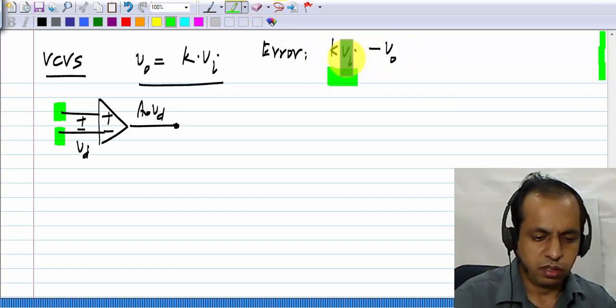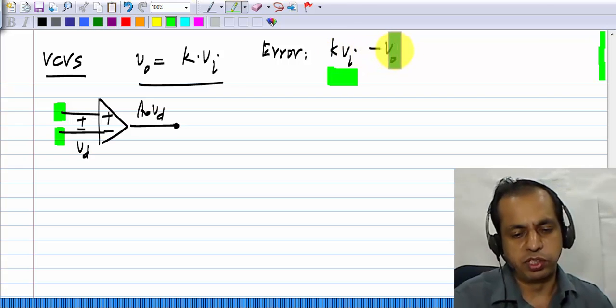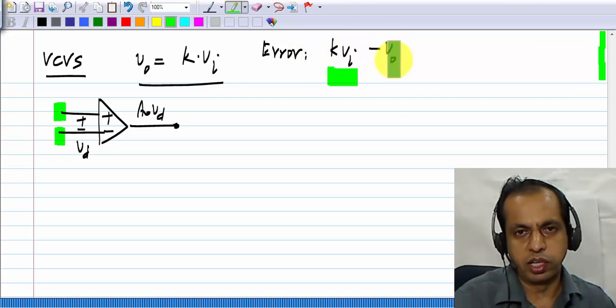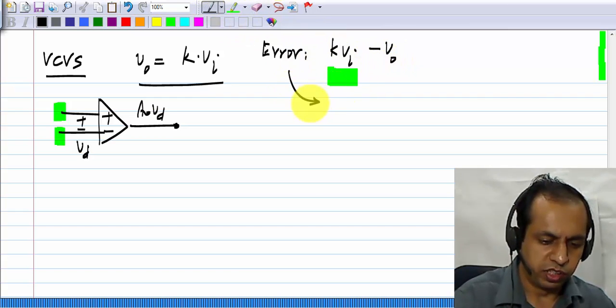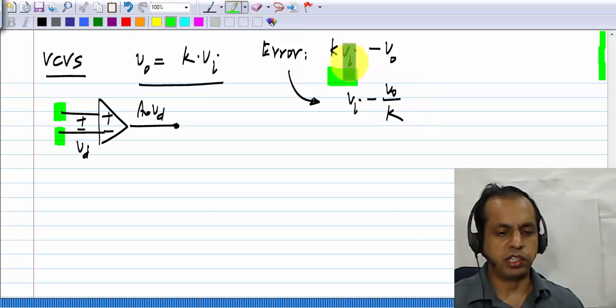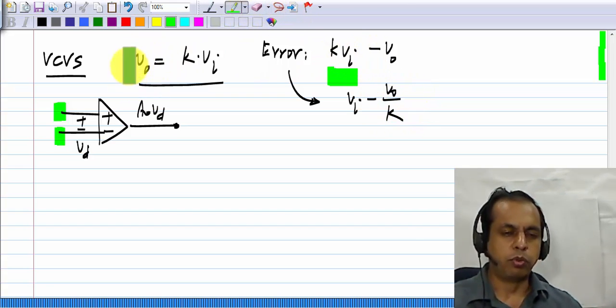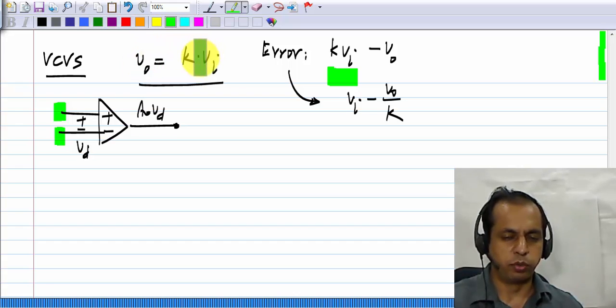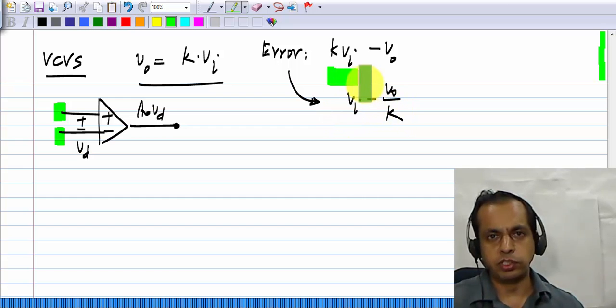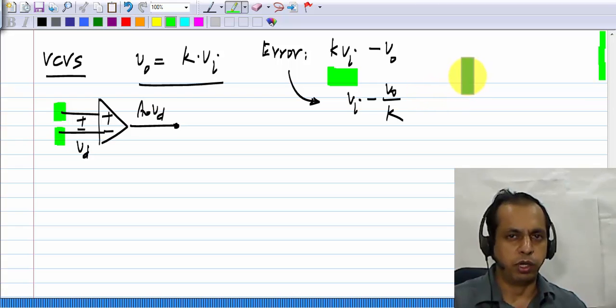But exactly the same information can be had by dividing this entire quantity by k. So I'll redefine the error as Vi minus V naught by k. Now you can clearly see that if the output voltage is smaller than required, then this error will be positive. And if the output voltage is much more than required, then this error will be negative. Now this is okay. We don't need kVi, we just need Vi, which is the input voltage, which of course is available.